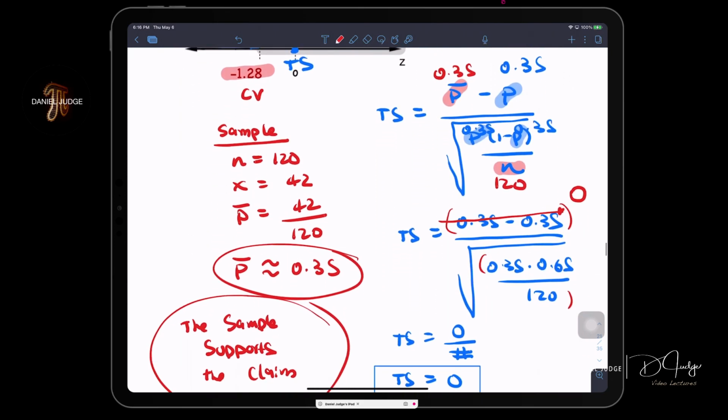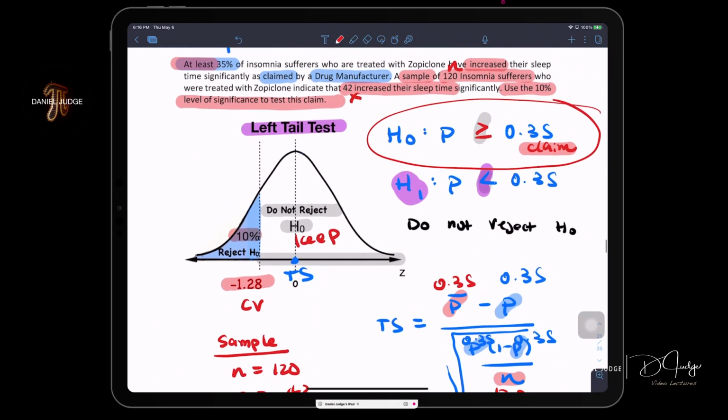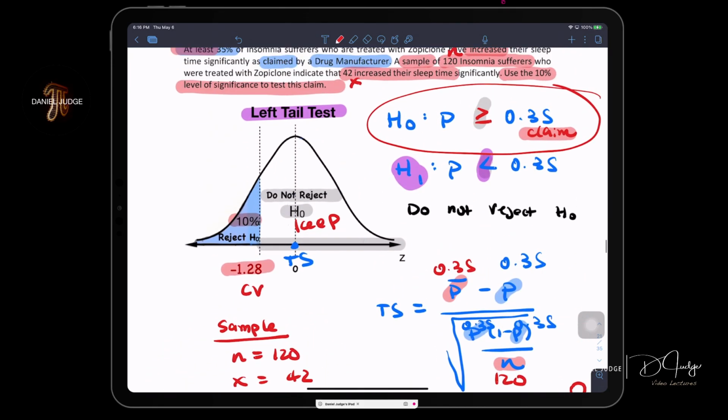Question 3, I might ask, what's the sample proportion? Question 4, what's the test statistic? Question 5, what's the conclusion? So everything for the most part that you guys see here is what I'll ask for a hypothesis testing question.